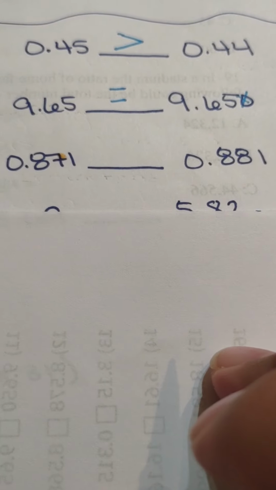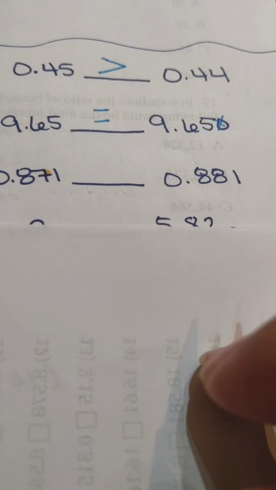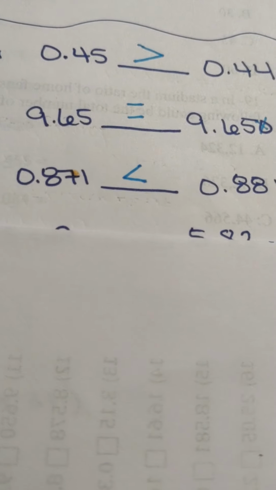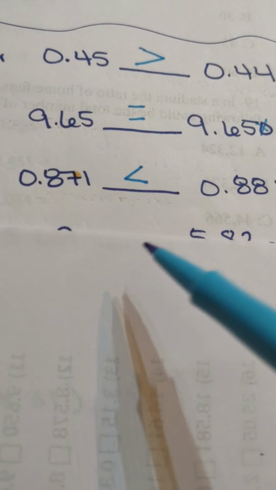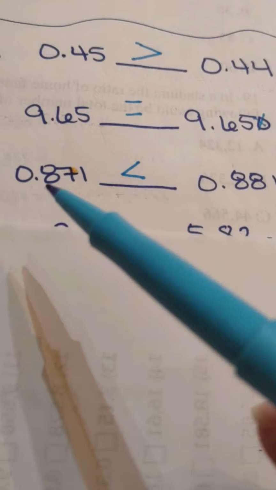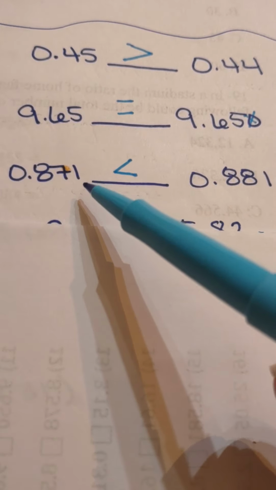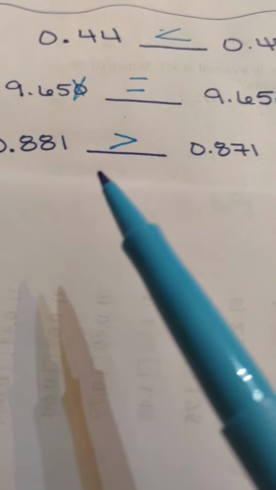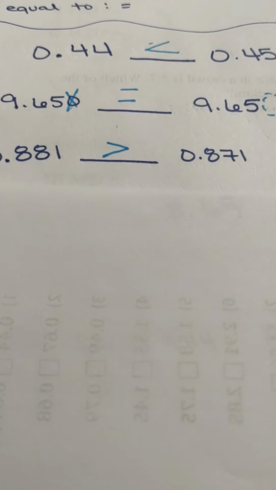In this case, it's backwards now, so I just need to make sure that the little alligator mouth is facing my bigger number. And I know I can say this: 871 thousandths, that's the correct way to say it, we still look at the place value for that one, is less than 881 thousandths. If I'm reading it this way, 881 thousandths is greater than 871 thousandths.